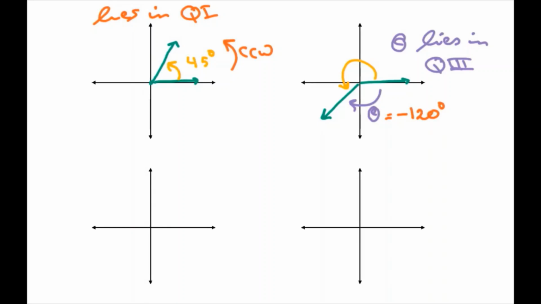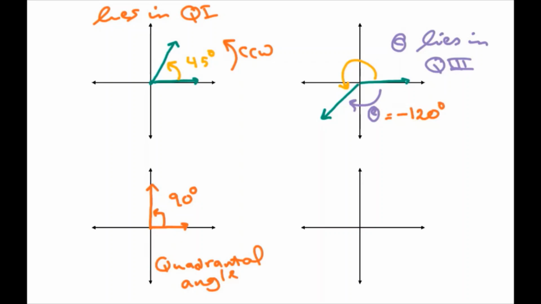Sometimes I'm going to end up in here, let's say. So this is a 90 degree angle, right? But it does not lie in any quadrant, so we will call this angle a quadrantal angle. A quadrantal angle is an angle in standard position in which the terminal side is on one of the axes.